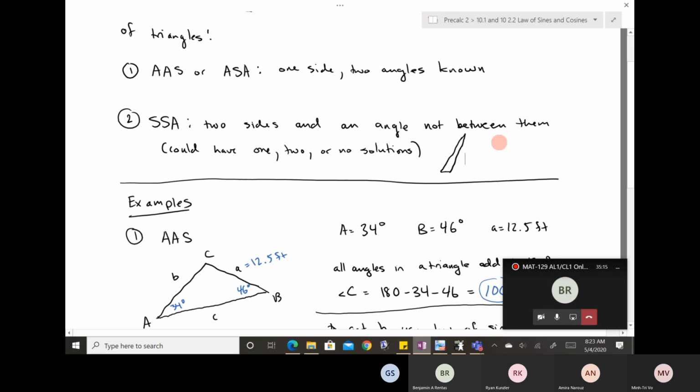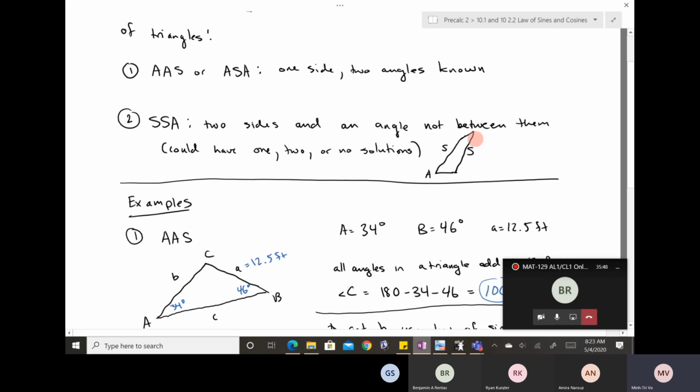Let me draw it a little bit bigger so it's a little easier to see. So by SSA for this triangle, what I'm referring to is these two sides and this angle here. Okay, so SSA.